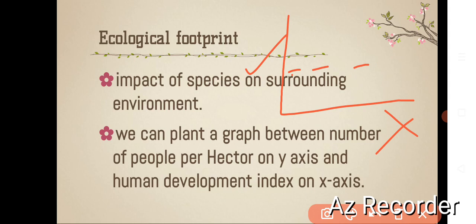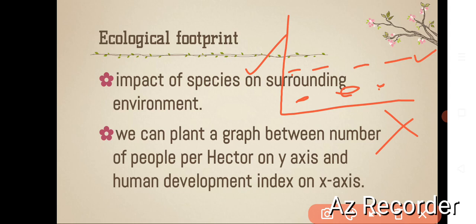We get an average line where countries with average number of hectares per people stand. At this section, we will find developing countries like Mozambique, Sierra Leone. On the average line, we can find countries like India, China, and so on.